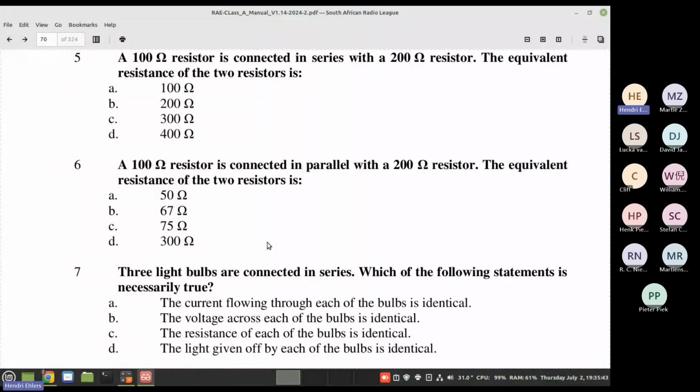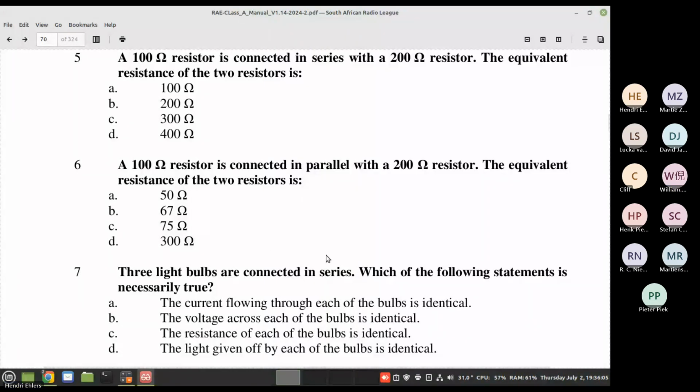Charlie, 300 ohms. A 100 ohm resistor is connected in parallel with a 200 ohm resistor. The equivalent resistance of the two resistors is.